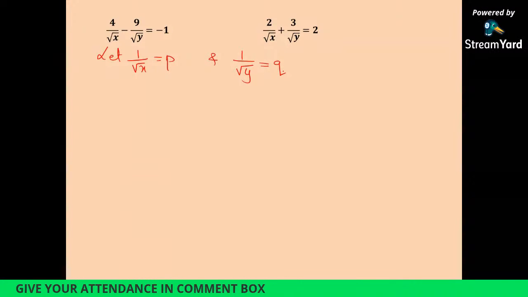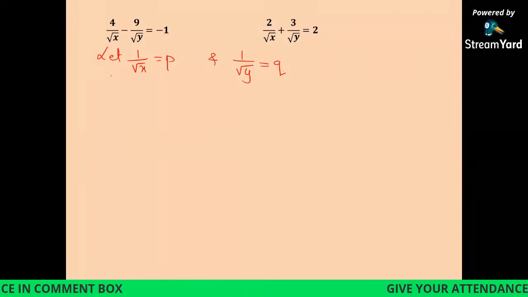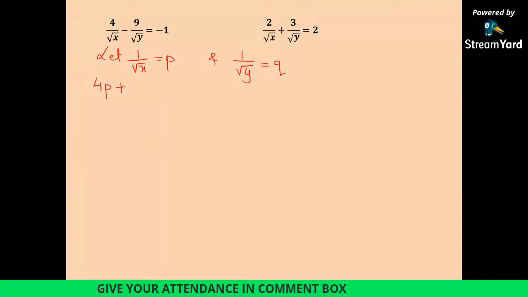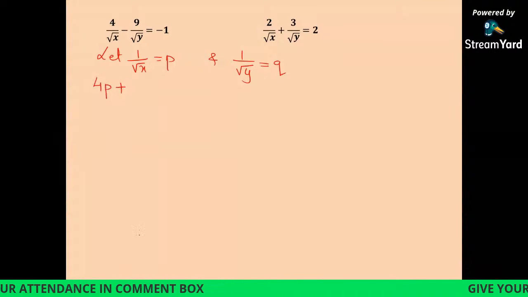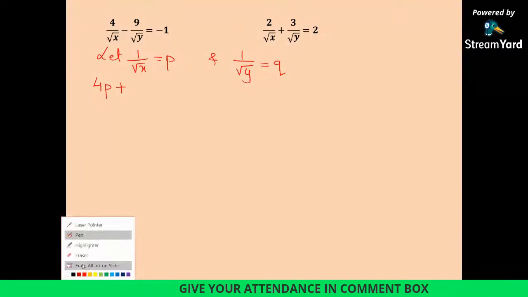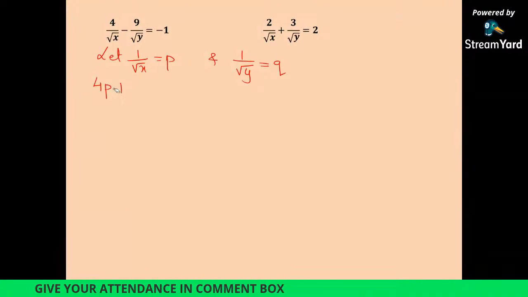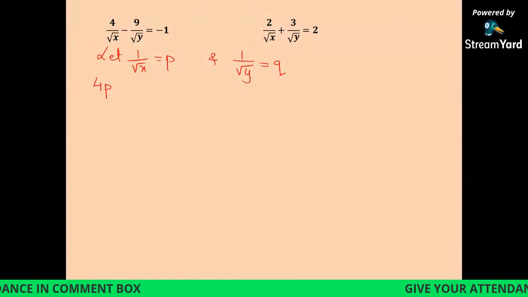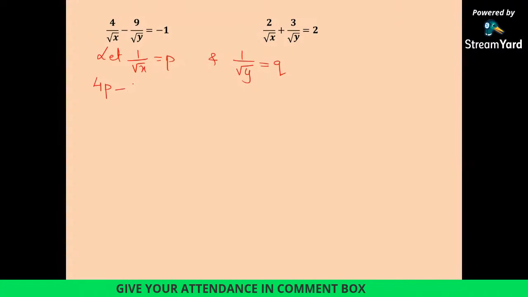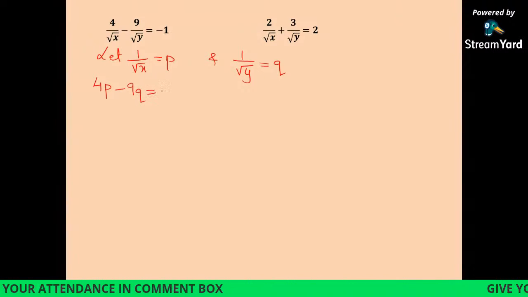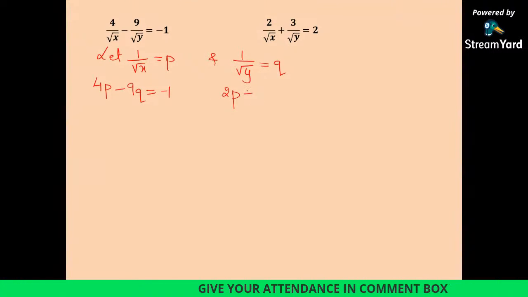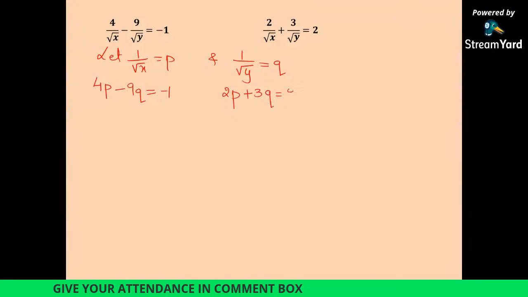Based on this one, your new equations will be 4p minus 9q is equal to minus 1, and one more equation will be 2p plus 3q is equal to 2.